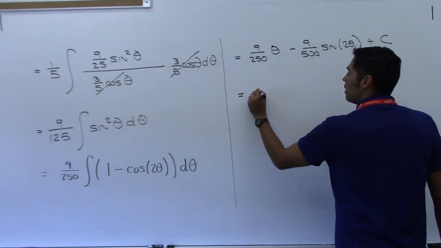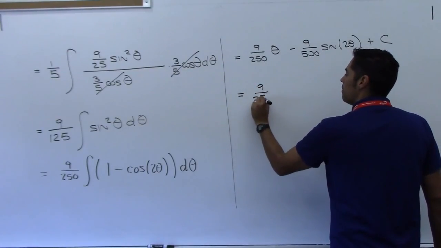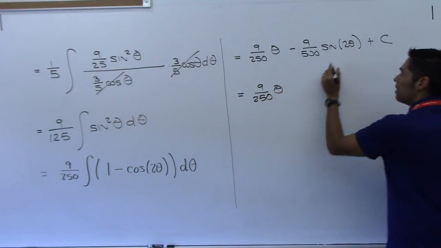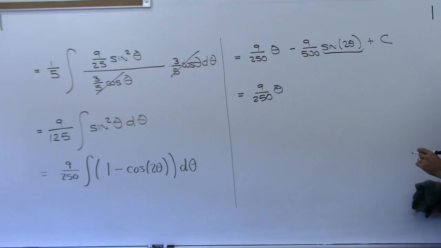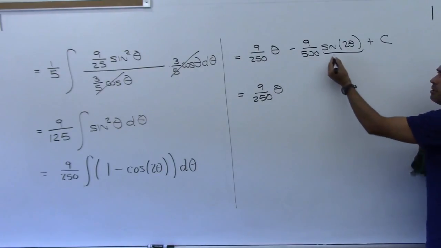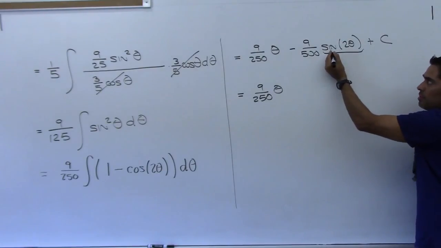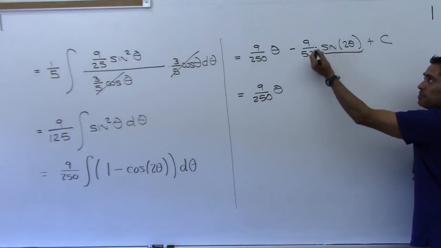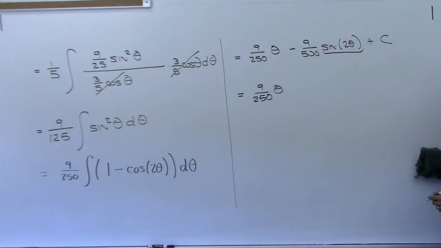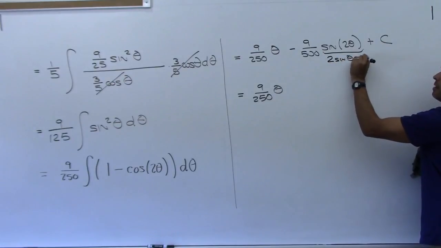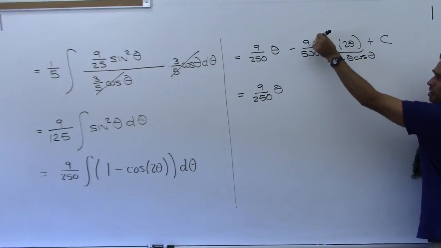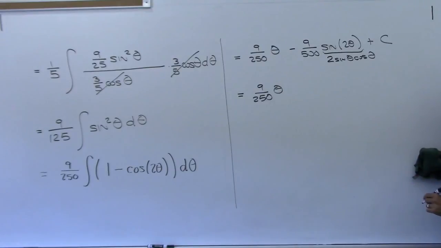You could. What I'm going to do, because of the next step, is leave it, because remember this sine 2 theta is going to turn into 2 sine theta cosine theta. The 2 that comes out is going to reduce this back to 9/250. This is 2 sine theta cosine theta. So that 2, which is on top here, reduces out and becomes back to 9/250. Yes? Zach?